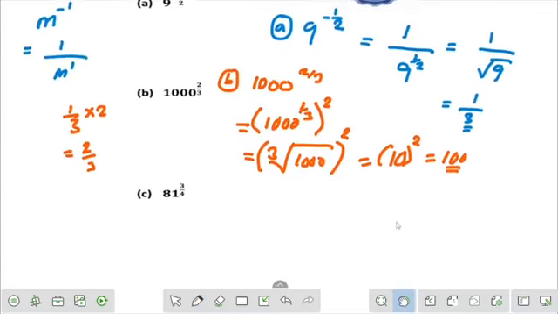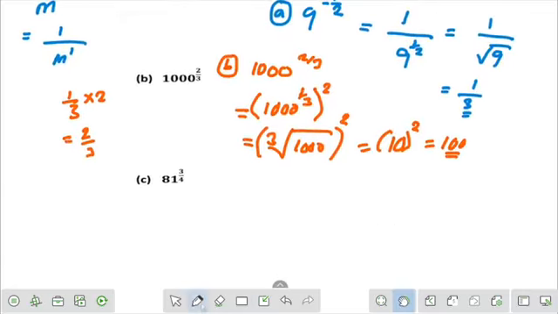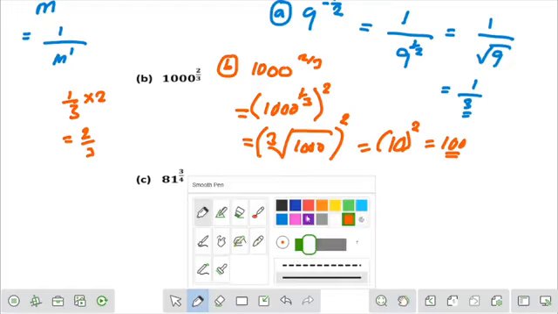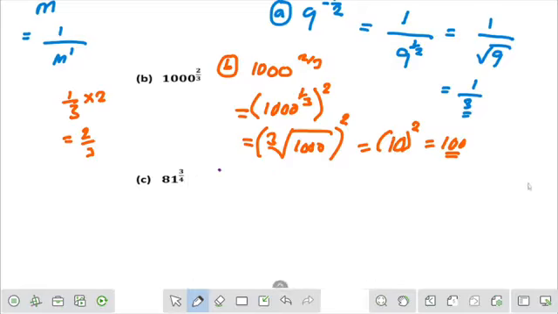We can now answer our last question, question C. We have 81 raised to the power of 3 over 4.